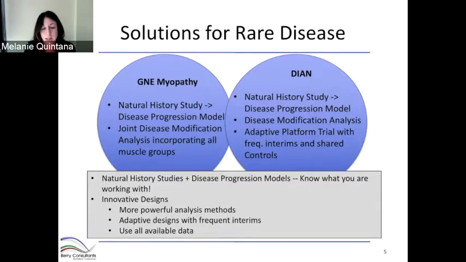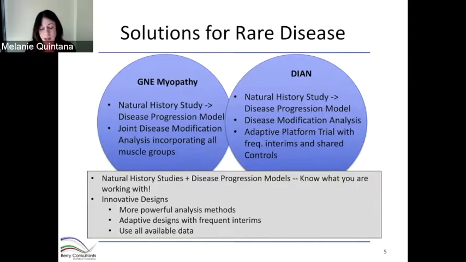The other aspect of this that I want to describe is more innovative designs or analysis methods. Especially in rare disease, we want to be able to make use of all available data as best as we can. In terms of GNE myopathy and DIAN, or the Dominantly Inherited Alzheimer's Network, this comes about by using the longitudinal data, repeated measures or the disease progression of the individuals, and using all of that information to discern if a treatment is different than the placebo group.